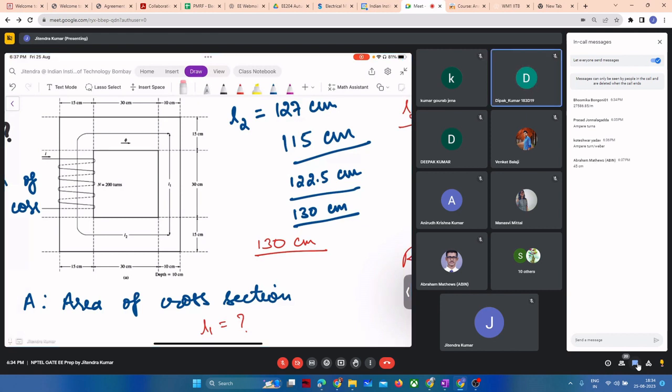45 centimeter. That's correct. L1 is 45 centimeter.